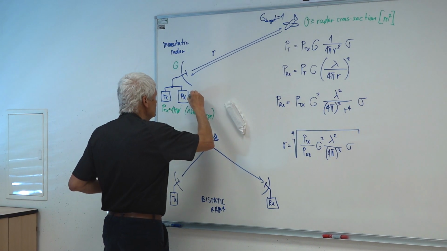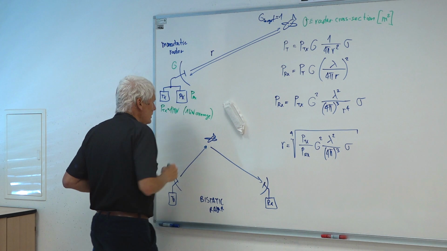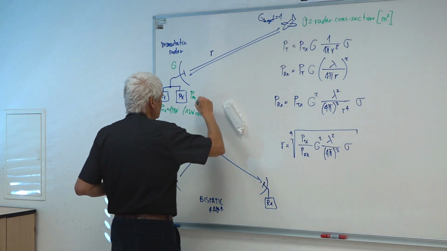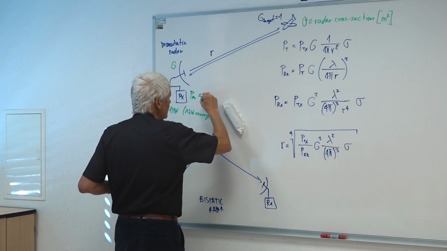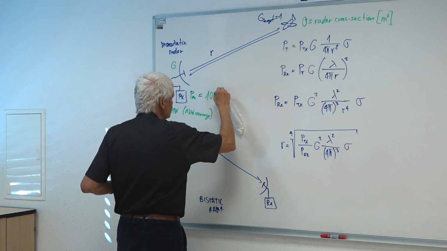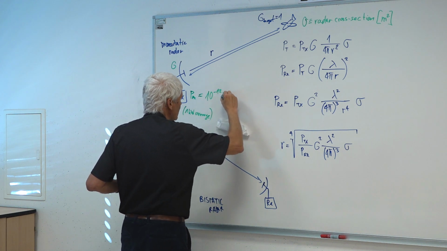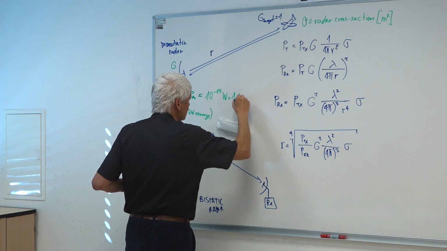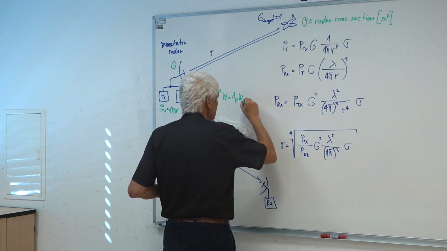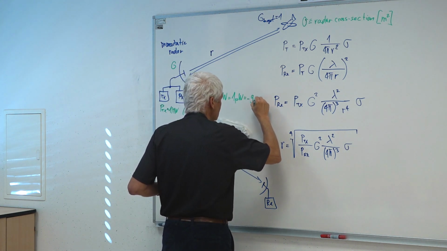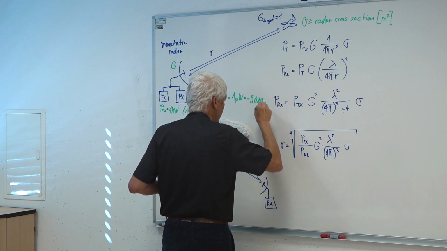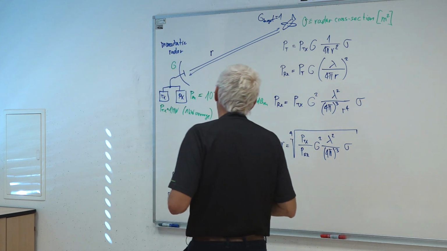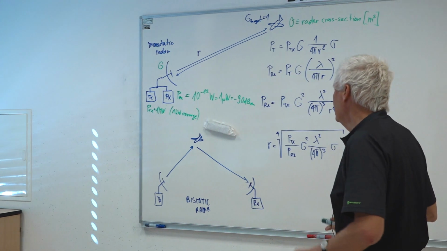And the power in the receiver, I can assume, say, 10 to the minus 12 watts, or 1 picowatt. In other units, this is also minus 90 dBm. This is a typical figure for a receiver.